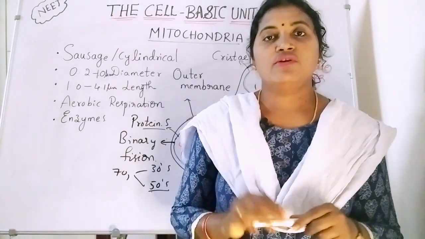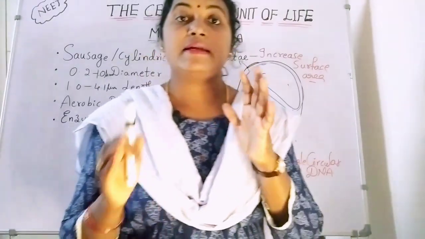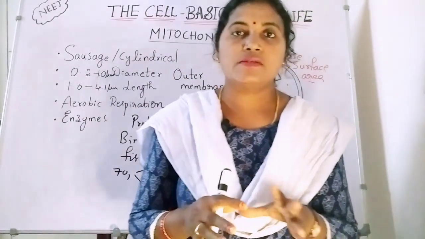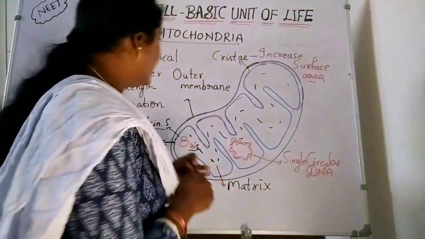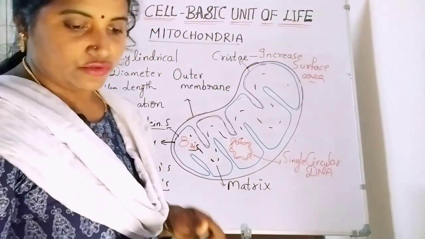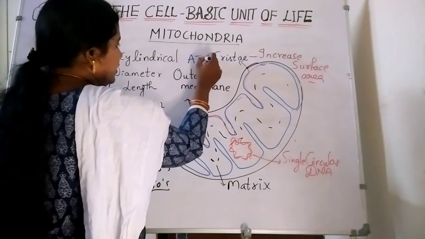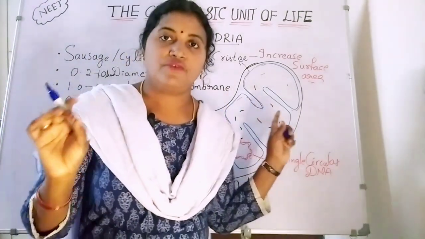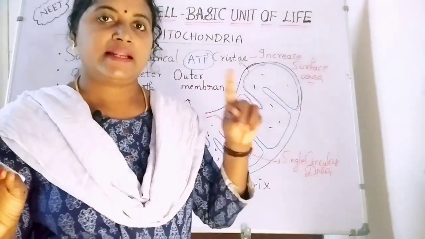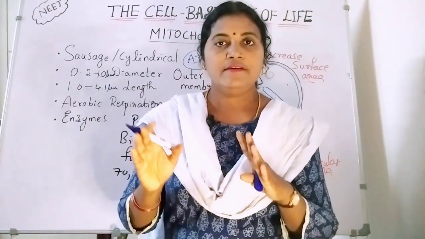And then mitochondria function. What is the main function of mitochondria? I already said, energy. Energy is produced and stored in the form of ATP. What is the abbreviation of ATP? Adenosine triphosphate. Energy is stored in the form of adenosine triphosphate.